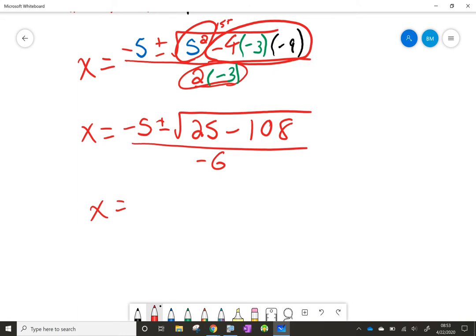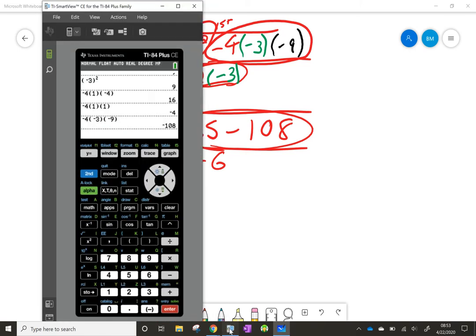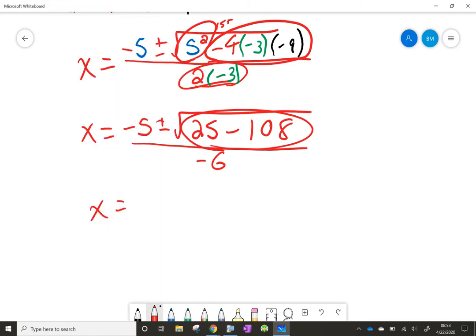Let's continue. Let's focus again inside the radicals. 25 minus 108. Let's use our calculator. 25 minus 108. We end up with negative 83. So this is going to be negative 5 plus minus square root of negative 83 divided by negative 6.